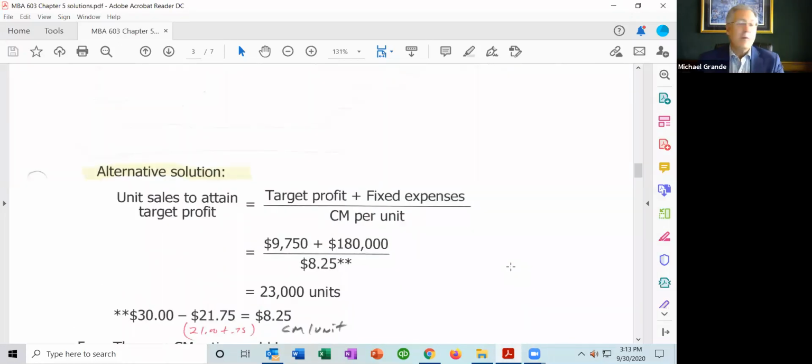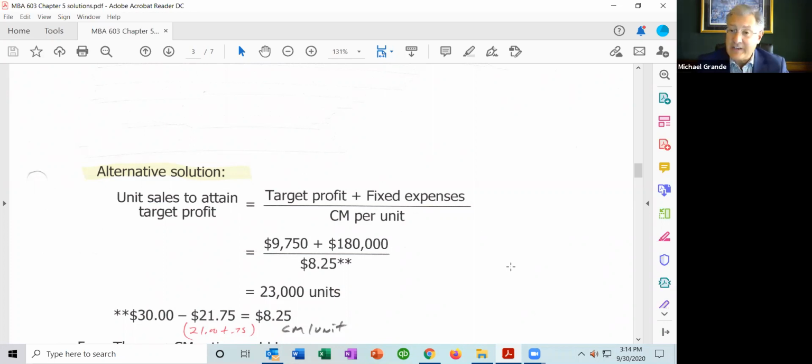So remember, the formula for target profit is basically the same as break-even point in sales dollars. Sales dollars to achieve a target profit is the target profit plus fixed expenses divided by the contribution margin per unit. The target profit, $9,750. Fixed costs are $180,000. But the contribution margin per unit changes, doesn't it?